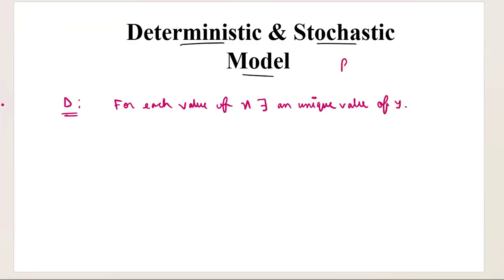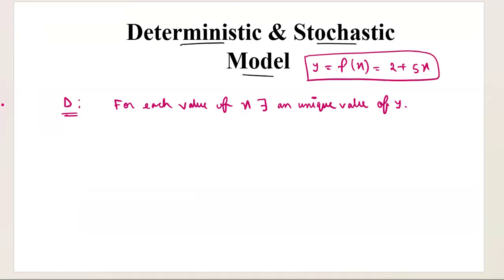And I'm talking about the context when y equals a function of x, suppose 2 plus 5x. This is an example of a deterministic model. Deterministic and algebraic model are the same. Deterministic means there is a unique relationship, a unique value. If you change the value of x, you will have a change in the value of y, and that is very certain. There is no uncertainty associated with this.